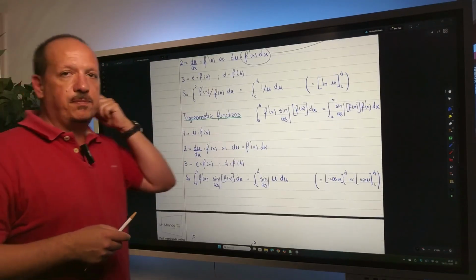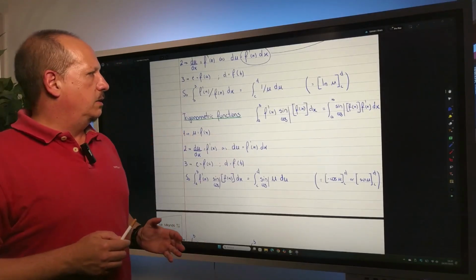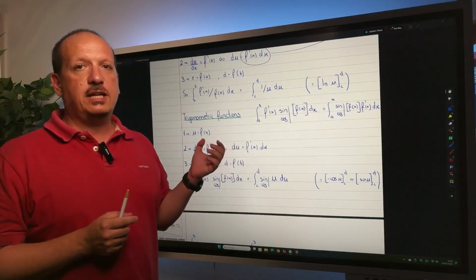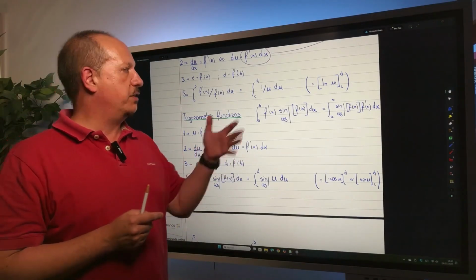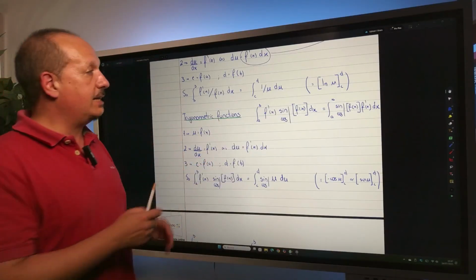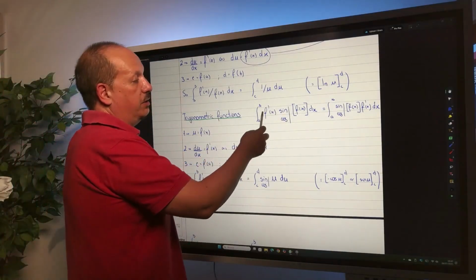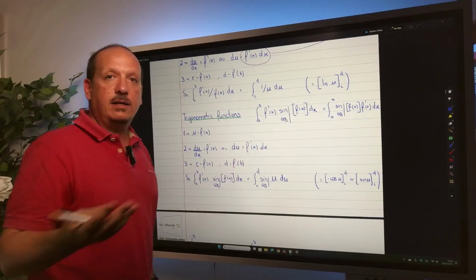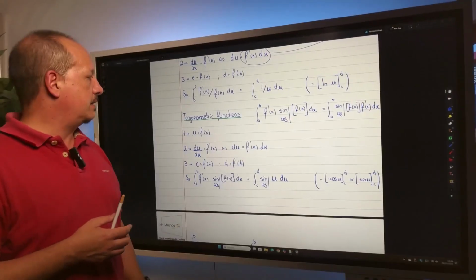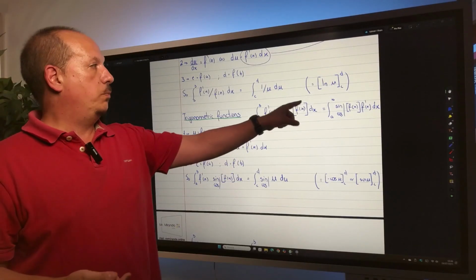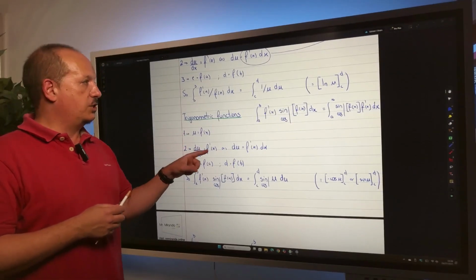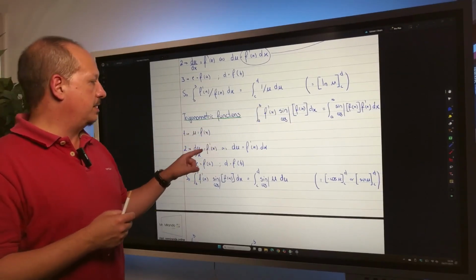Trigonometric functions. You will have a simple mathematical expression that is going to be multiplied by either the sine or cosine of another mathematical expression. And the thing is that this one over here is the derivative of that, or again, something that can be very easily transformed into a derivative of that. So what do you do? You pick this as being your new variable. du by dx is going to be this, or something very similar to that.